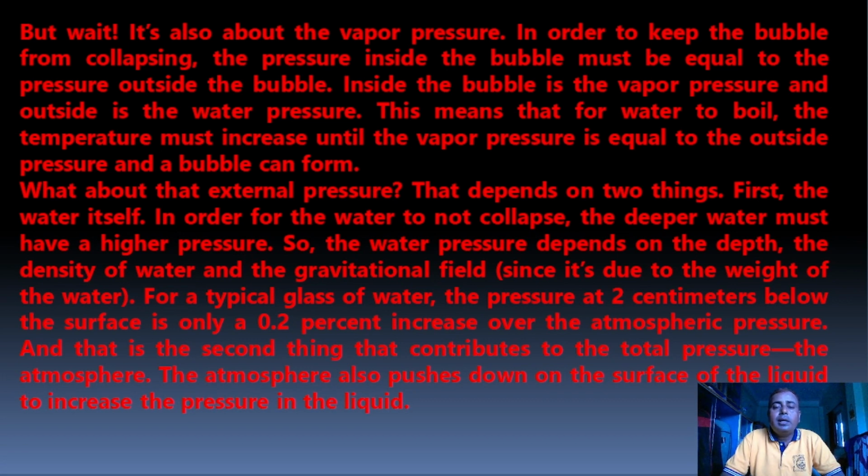For a typical glass of water, the pressure at 2 centimeters below the surface is only a 0.2% increase over the atmospheric pressure. And that is the second thing that contributes to the total pressure, the atmosphere. The atmosphere also pushes down on the surface of the liquid to increase the pressure in the liquid.